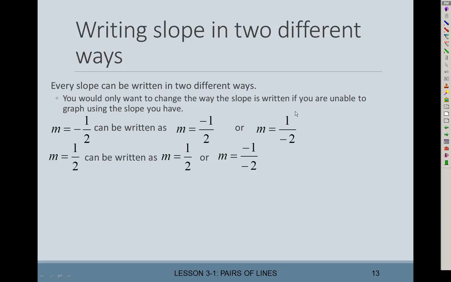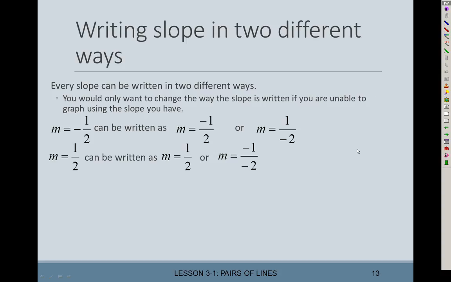And then that way you can move to the left to plot the next point. If it has a positive slope, you can write it as positive, or you can change both signs and make them both negative, because a positive divided by a positive is positive, and a negative divided by a negative is positive. So you have options for both types of slope.